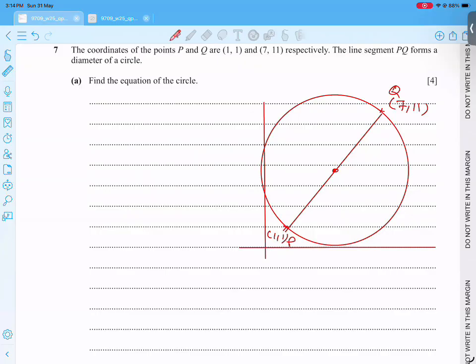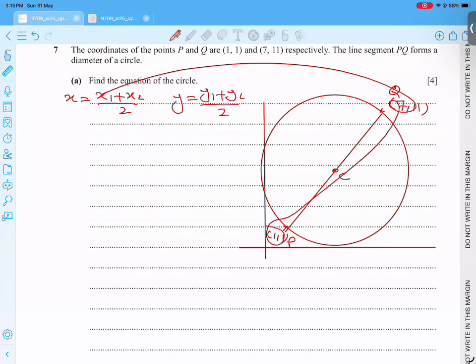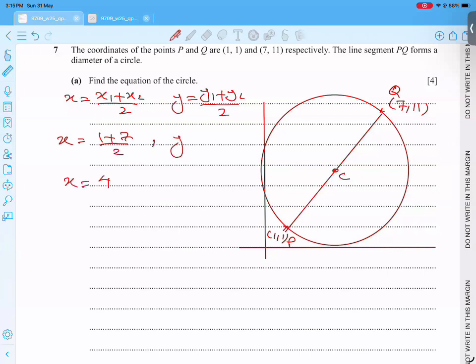I can call this C. So to find the center of the circle, the midpoint, I will find the average. x1 is 7, x2 is 1, so 1 plus 7 is 8, divided by 2, I got a 4. y1, y2 is 1 and 11, which becomes 12, 12 by 2, I got a 6. So the midpoint, the center of the circle C, becomes 4, 6.